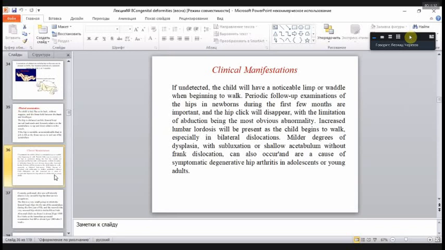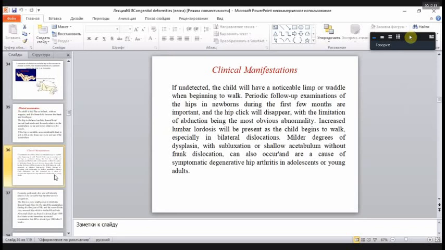The hip click will disappear with the limitation of abduction being the most obvious abnormality.